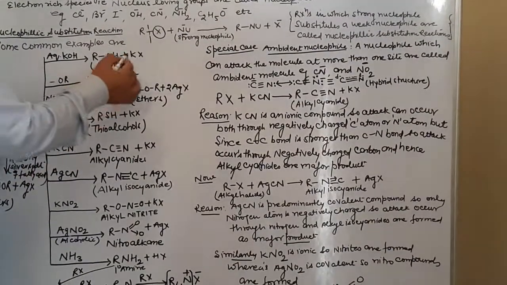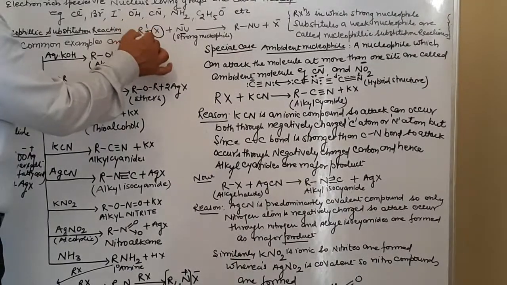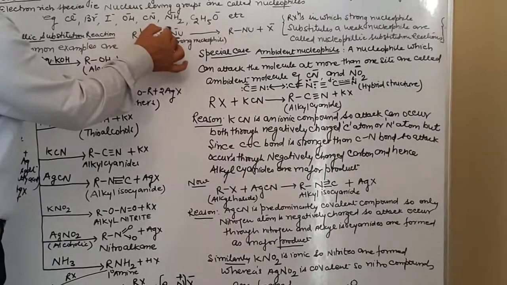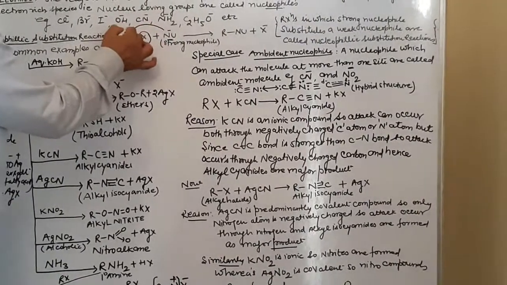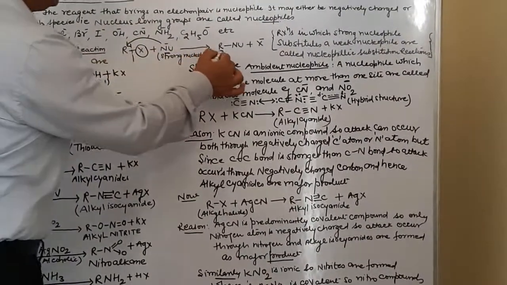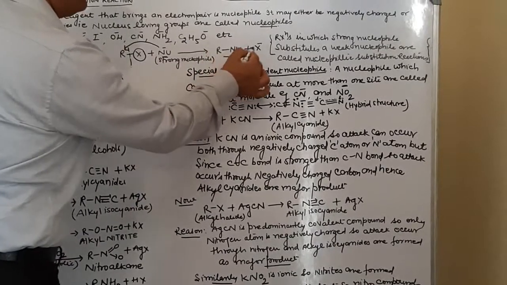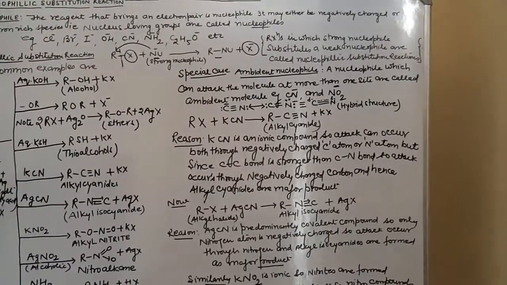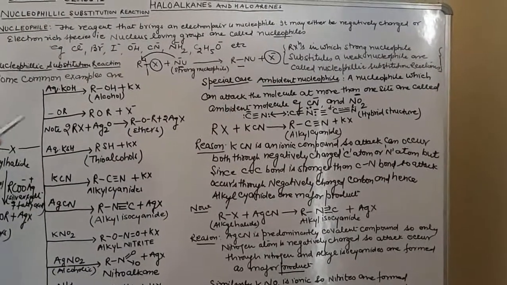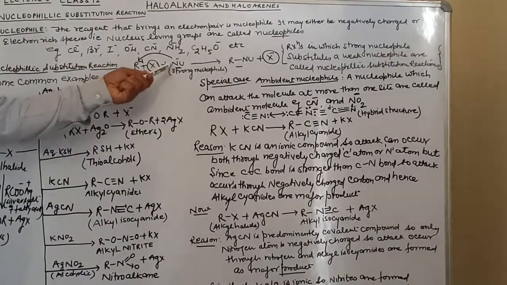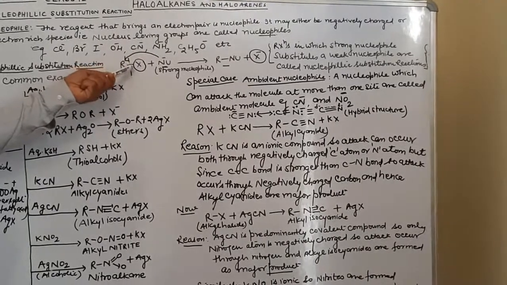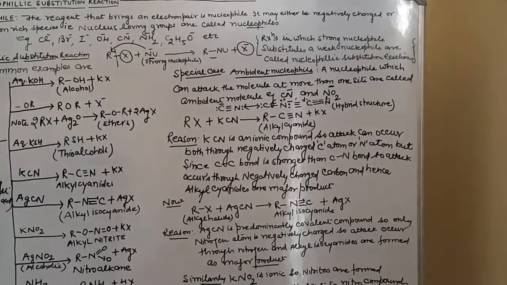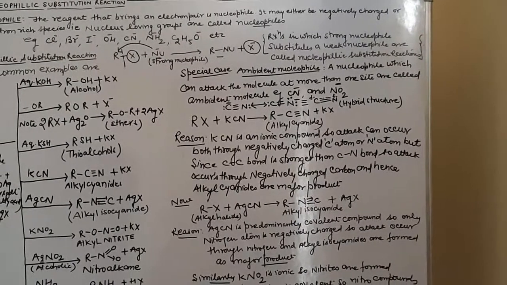So when the nucleophilic substitution reaction takes place, this R-X bond will cleave, and the strong nucleophile will substitute over here, resulting in the formation of a product which is R-Nu, and the weak nucleophile will be given out over here. So, those substitution reactions in which a strong nucleophile substitutes a weak nucleophile are called nucleophilic substitution reactions.